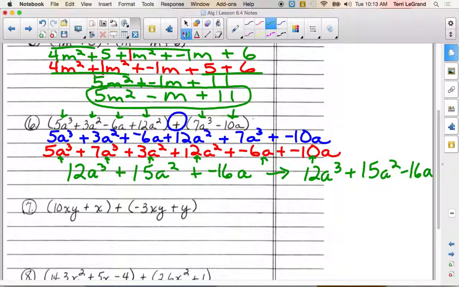Okay, let's see if you agree with me, or you need to challenge me on something. So do we all agree on this answer over here, the cleaned up answer? Yeah? Okay.